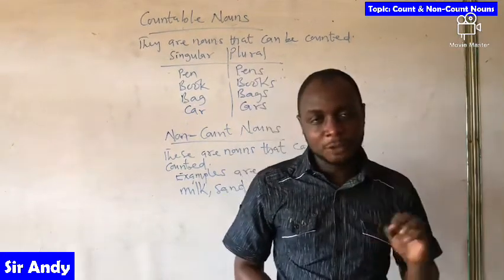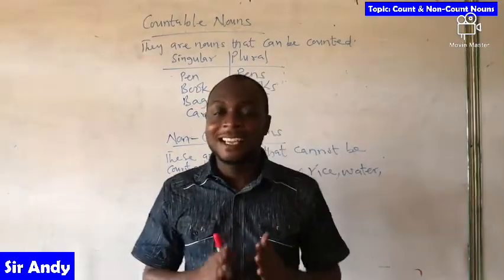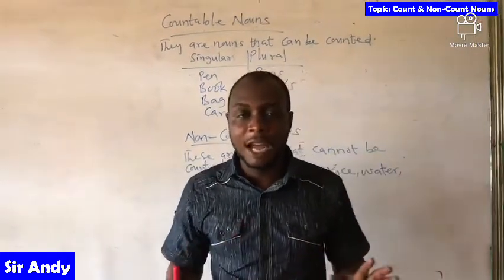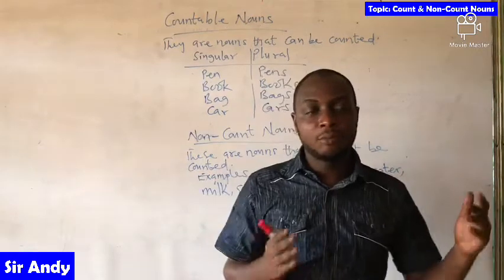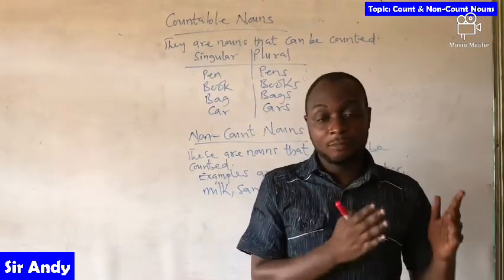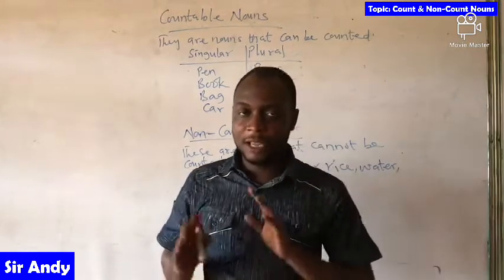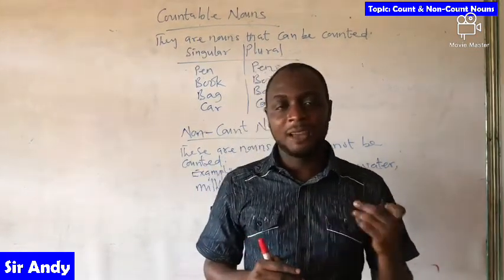If I say I have sugars on my fridge, then it means that I am talking about different kinds of sugar, which may be the white sugar and the brown sugar. So I want to tell you that I have sugars there.